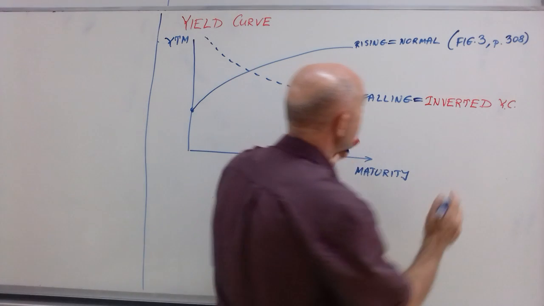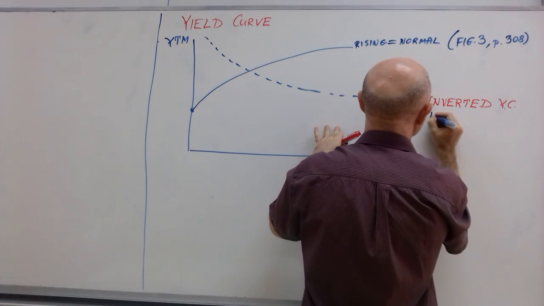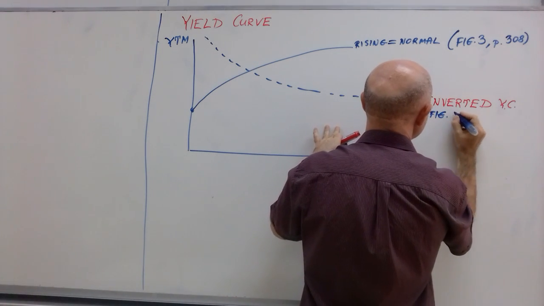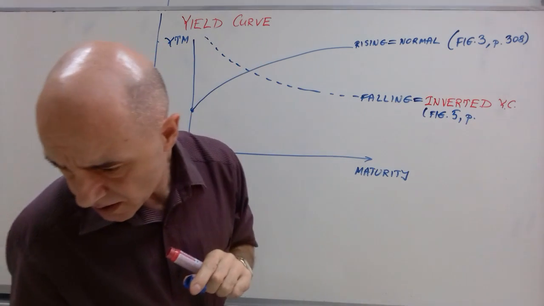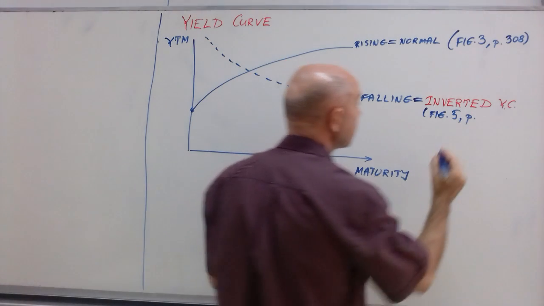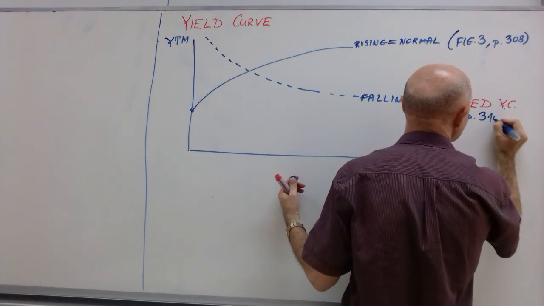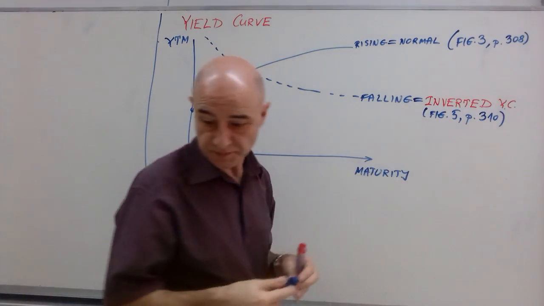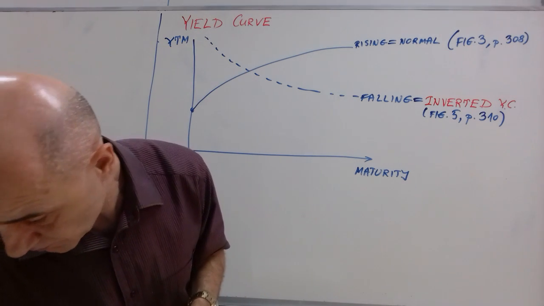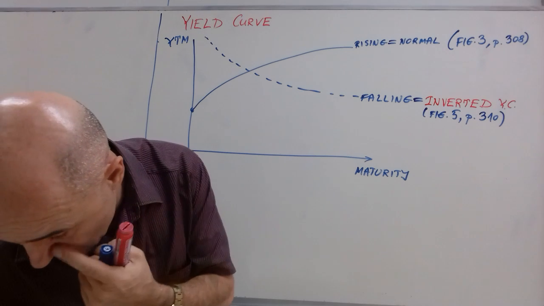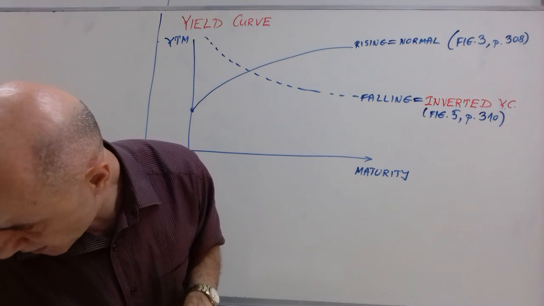This one here is figure 5 on page 310. So, default risk plus liquidity, all right.